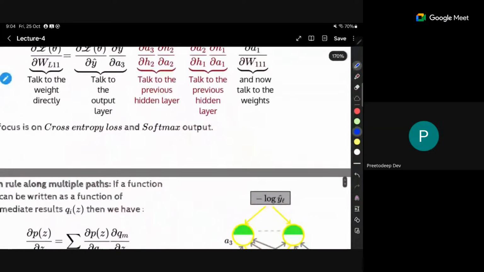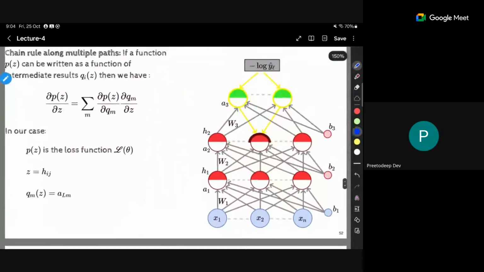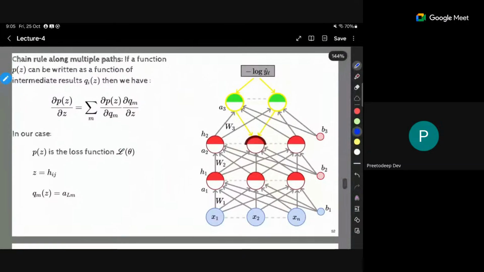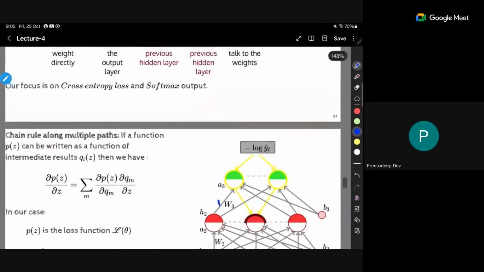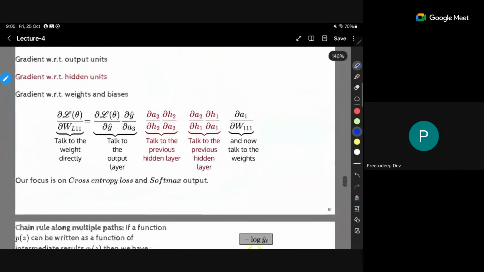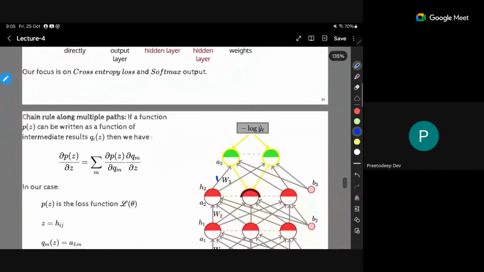Far easier. Now, let's say if I wanted to figure out the gradient with respect to this weight, I'm going inside. This will come after.